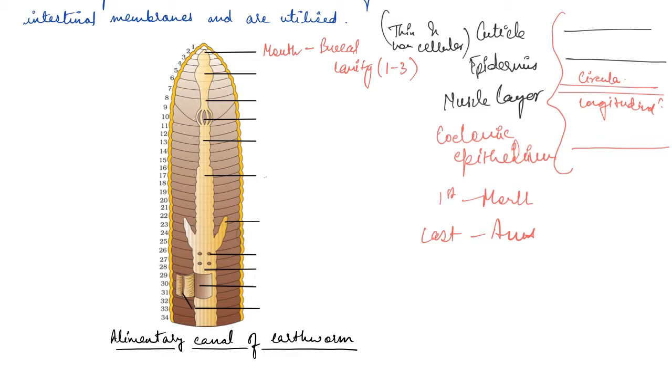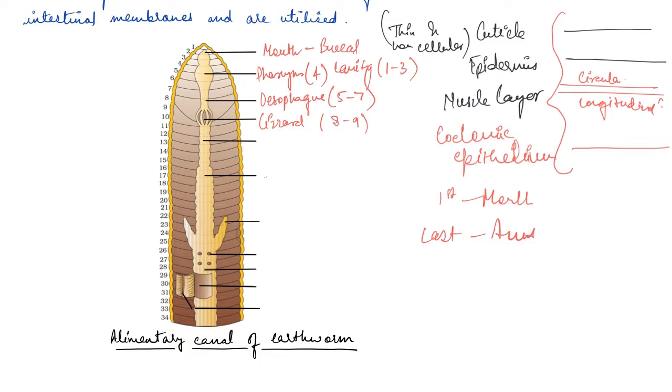After this buccal cavity, you have the pharynx. Pharynx is the fourth segment. After the pharynx, you have the esophagus. Esophagus is the fifth to seventh segment. Then you have the gizzard. Gizzard is the eighth and ninth segment.